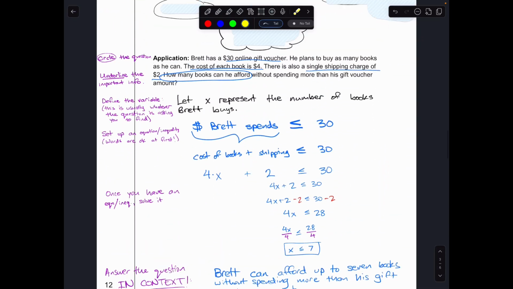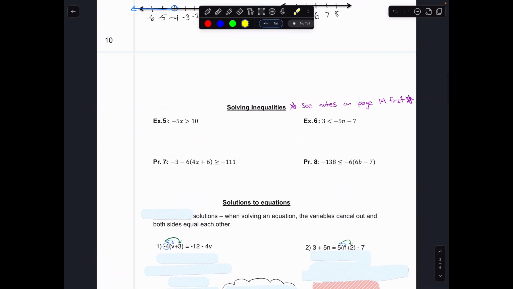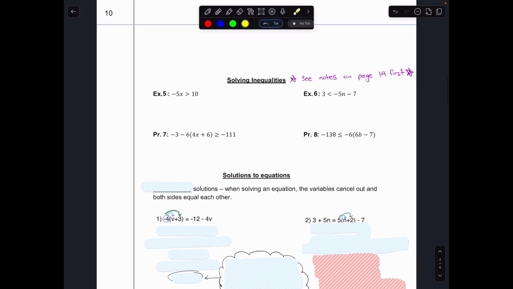All right. Let's use that result back in the top of page 11. Okay. So we have -5x is greater than 10. So -5x is on the left side, 10 is on the right side.